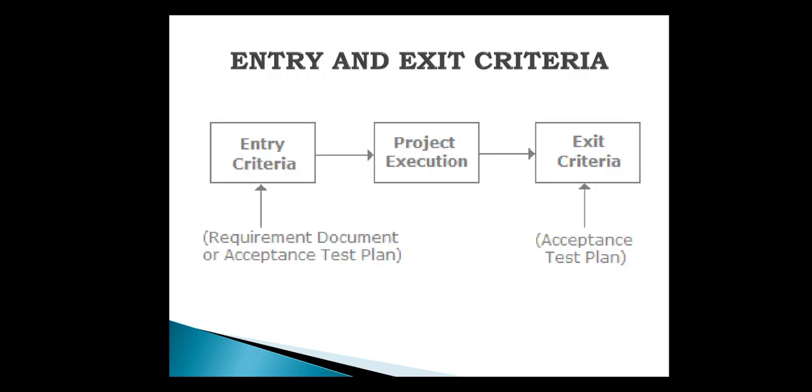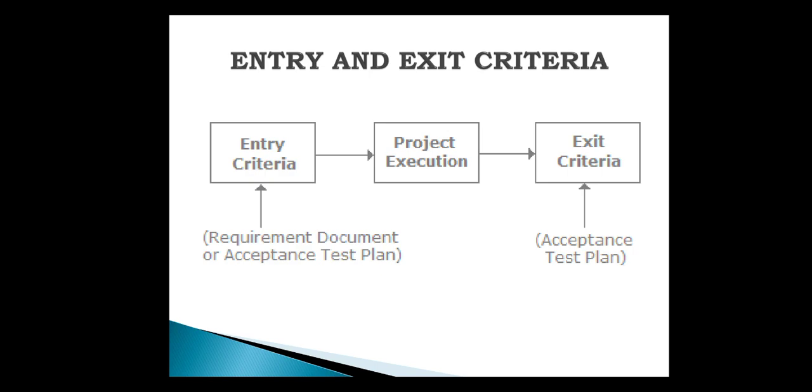So the next topic is entry and exit criteria. Basically every software system must have entry and exit criteria. So what is entry criteria? There are some specific conditions to initiate any particular project execution, or any execution of a piece of code. For that some particular criteria must be set.